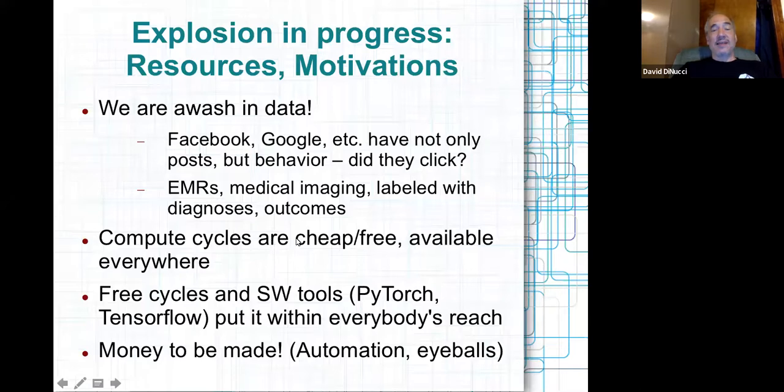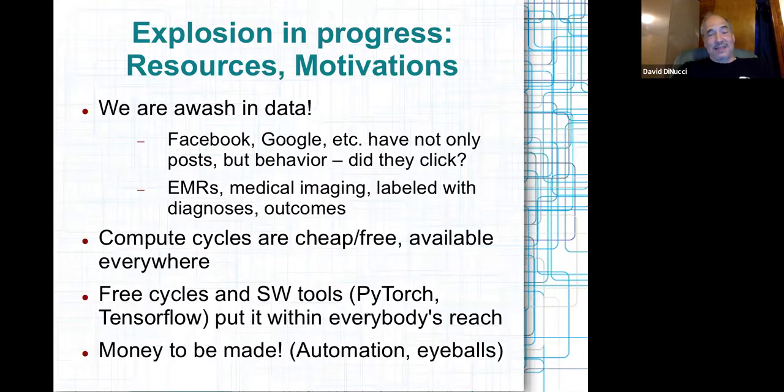Another reason that this has really taken off over the last decade or two is compute cycles. There used to be, you had to go out and search for compute cycles or pay for compute cycles, and now it's like they're everywhere. And you can actually go to websites and just build a neural network and run it for free, I think, these days.